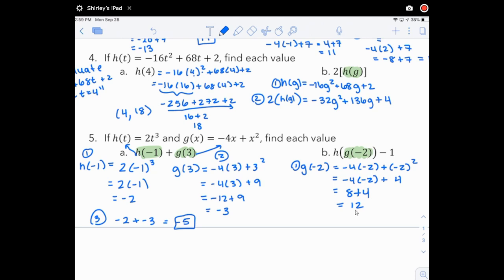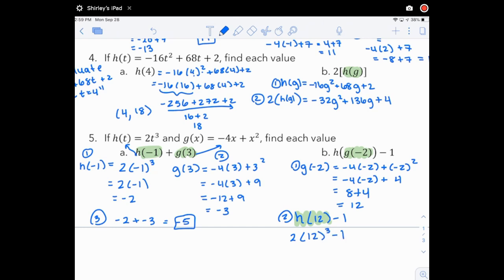So now I can replace, right? So I can say, well, what's step 2? I still didn't do anything with this h. So I'm just rewriting it. And now I notice that I still have another function to evaluate. So now I can figure out, well, what is h at 12? So I have 2 times 12 cubed minus 1.